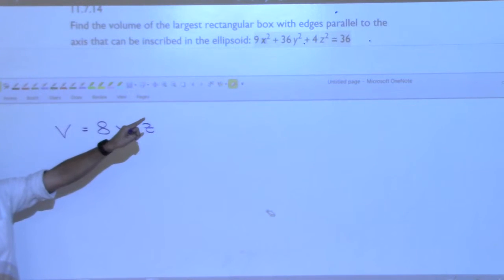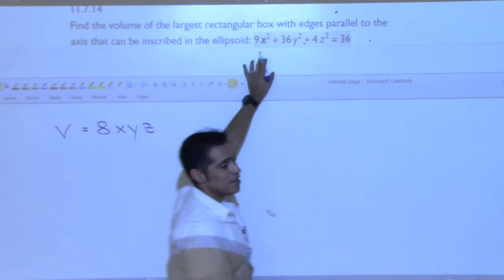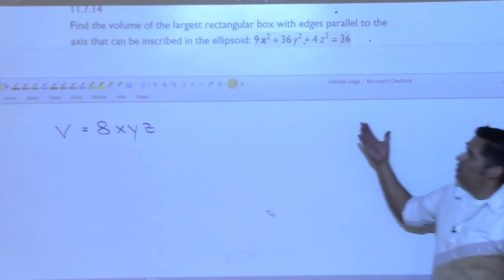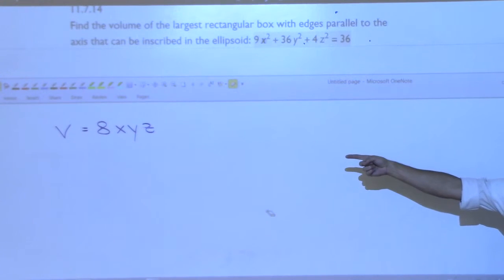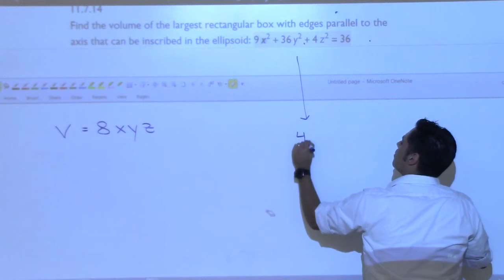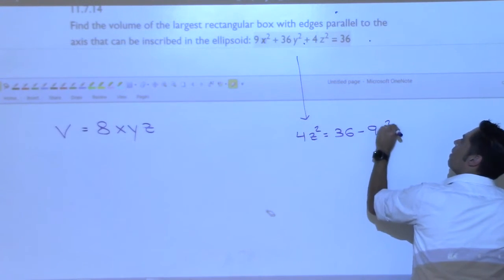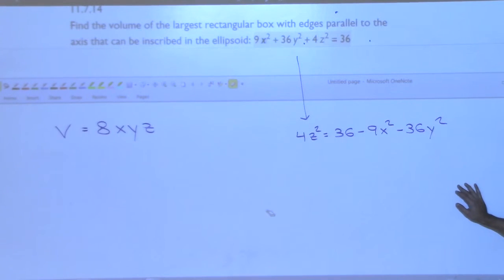Which means that you can take this equation and solve it for any of the 3 variables. Take that and plug it in there. It's not as bad as it looks. 4z squared equals 36 minus 9x squared minus 36y squared, right? And then you have to divide by 4.